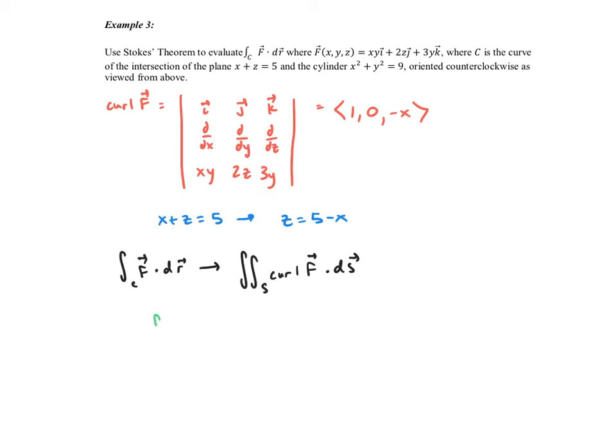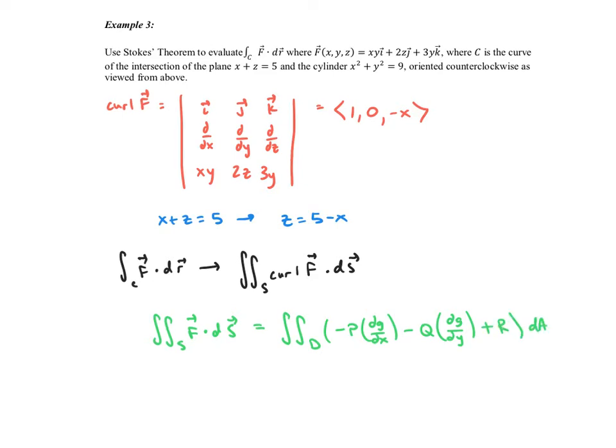Remember that one of our techniques for section 13.6 was to take our double surface integral and evaluate it by changing it into a double integral over a region D of negative P times the partial of g with respect to x, minus Q times the partial of g with respect to y, and then plus R. And this is in terms of dA.